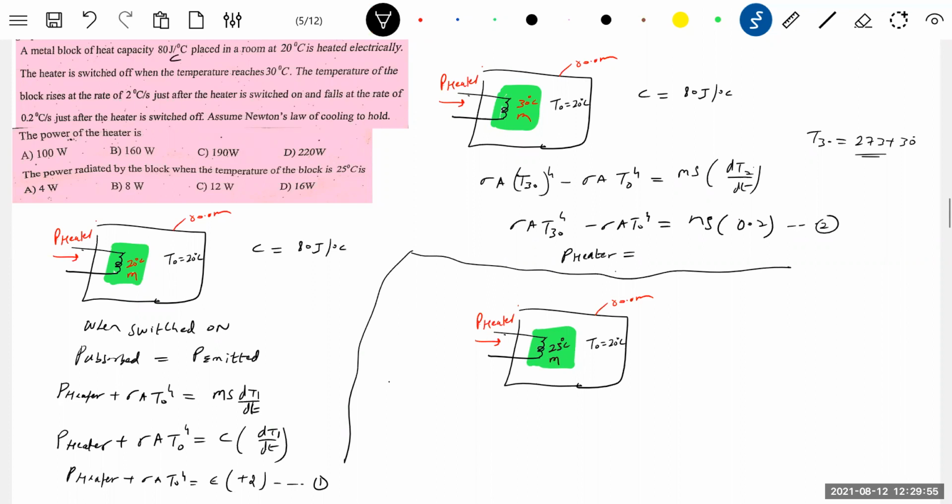Again the heater is going to supply, and it is going to absorb heat from the surface.